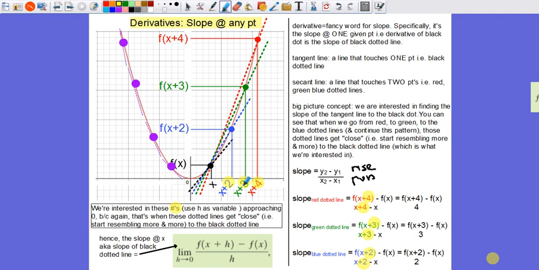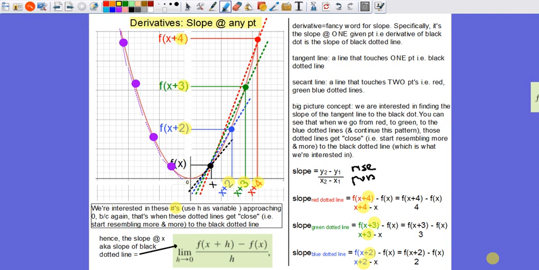The closer these numbers get to 0, the closer these dotted lines start resembling the slope of the black dotted line. And that's what we're ultimately after: the slope of the black dotted line.